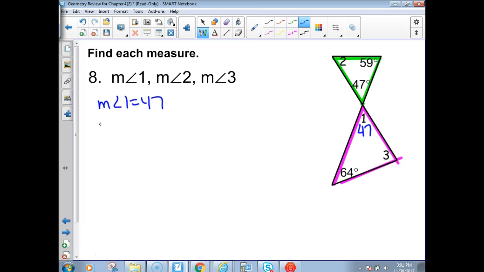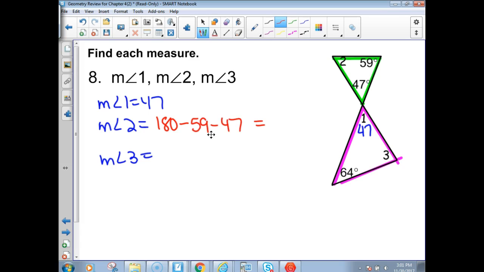Okay, now we're going to find the measure of angle 2 and the measure of angle 3. We will use the top triangle to find the measure of angle 3. Since we know the triangle angle sum theorem, that is on page 1 of your ISN, that these angles all add up to 180. So to find angle 2, let's take 180 and subtract the 2 angles that it already has inside the triangle, 59 and 47.